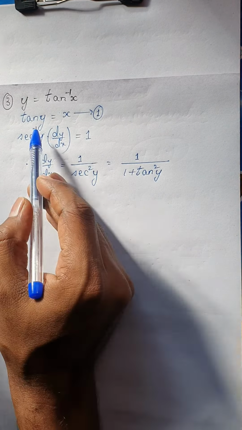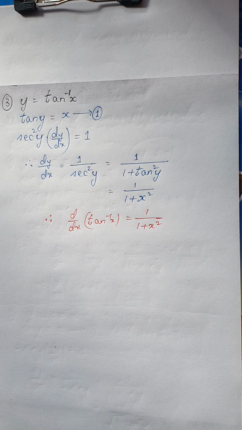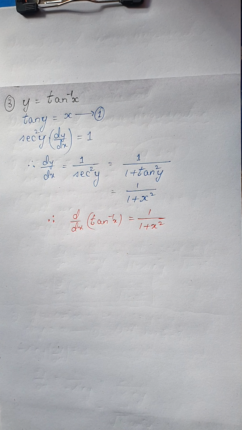So this is nothing but 1 divided by 1 plus x square, isn't it? Therefore, you can finally write derivative of tan inverse x is nothing but 1 divided by 1 plus x square.